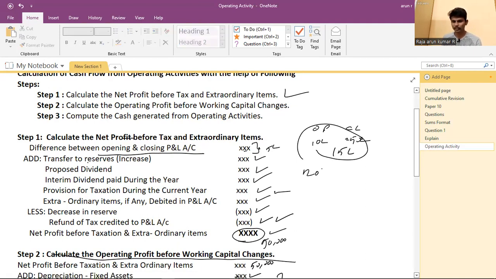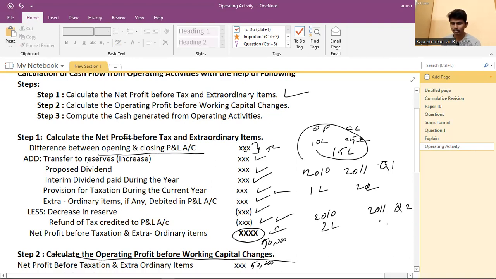If 2010, 2011, the reserve is given as 1 lakh and 2 lakh. In 2010 and 2011, there is only one time they ask about a reserve. I give question number 1 and question number 2. Question number 2 gives 2 lakh and 1 lakh.